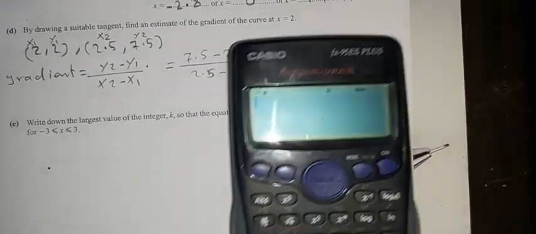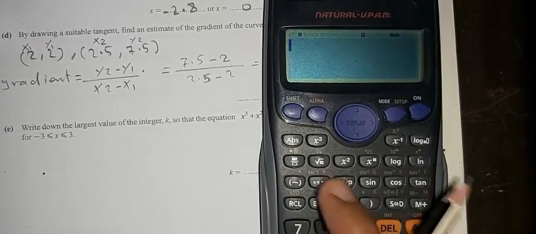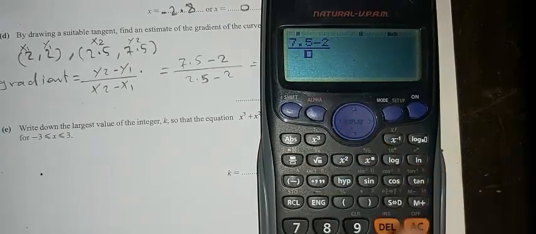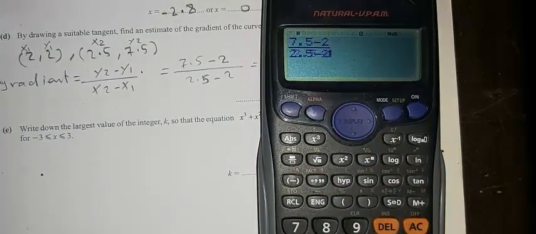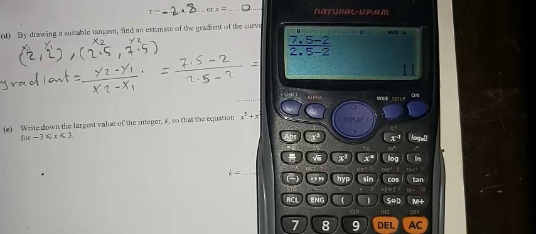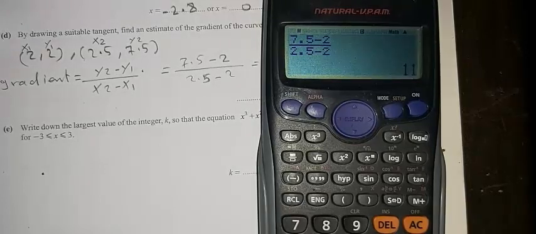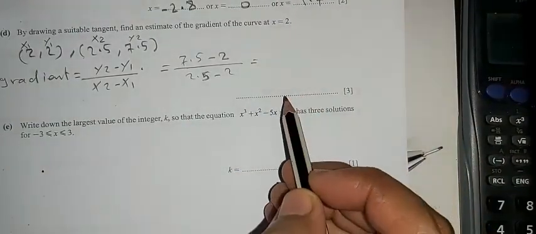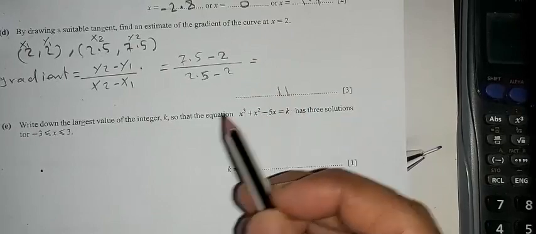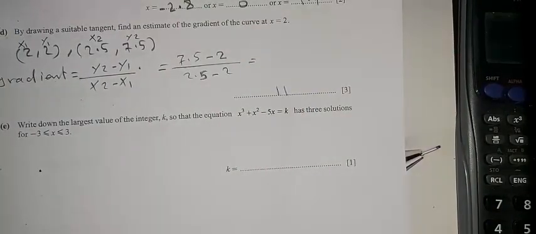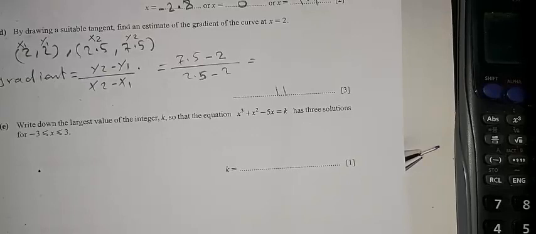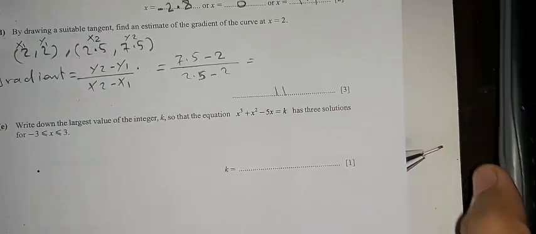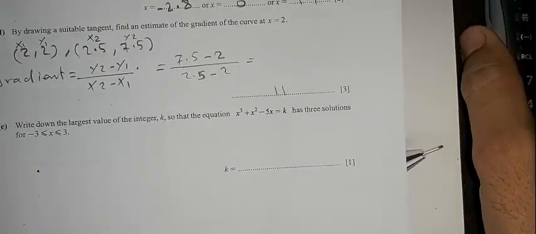Okay, 11. It's an estimate. If you find 11.5 or 10.5 or 12 or 13, all these values are accepted.